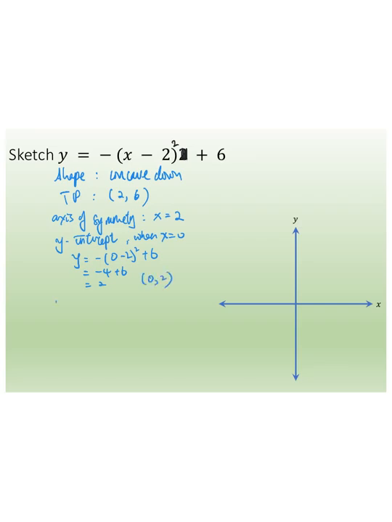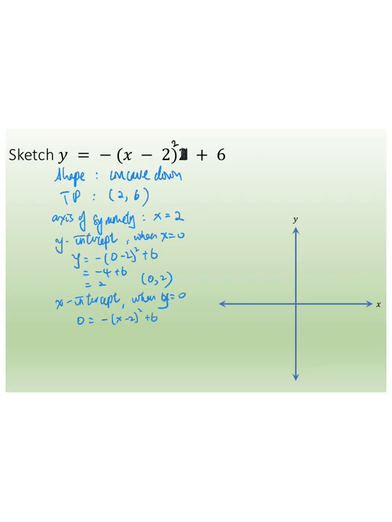Let's look at the x-intercept. This is when y equals 0. My fault. So 0 equals minus (x minus 2) squared plus 6.